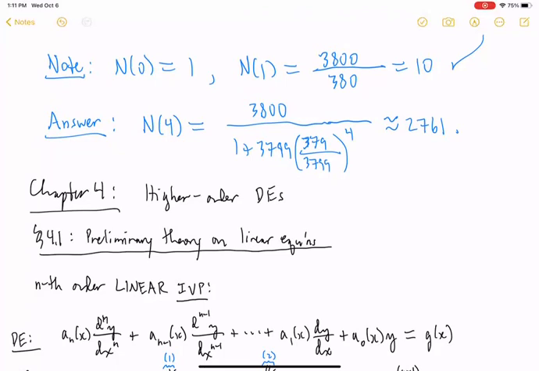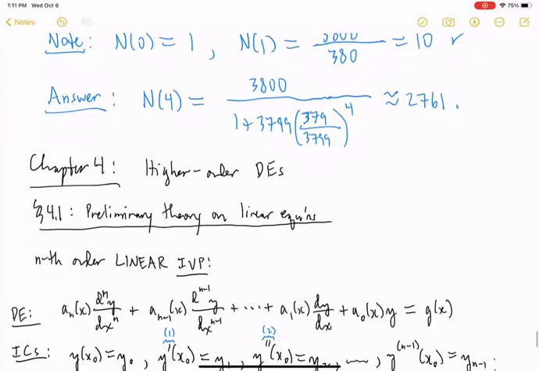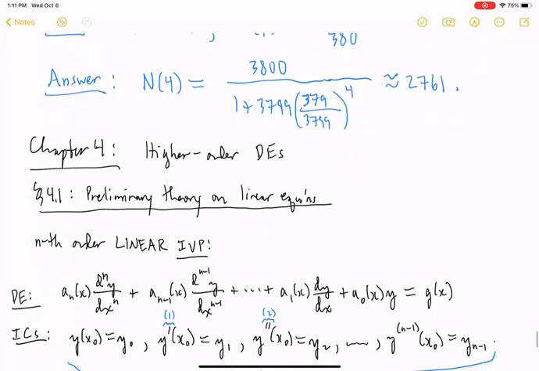You need to specify a point, the slope, and the concavity at that point to uniquely determine the solution. Yes? Okay. So the number of initial conditions is going to be equal to the order of the differential equation itself.